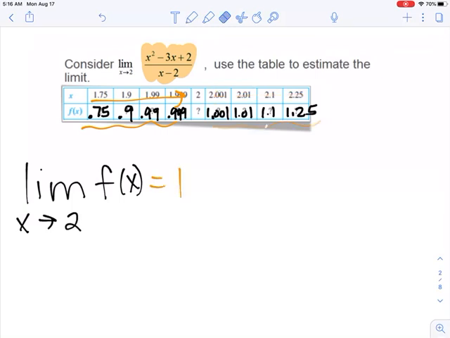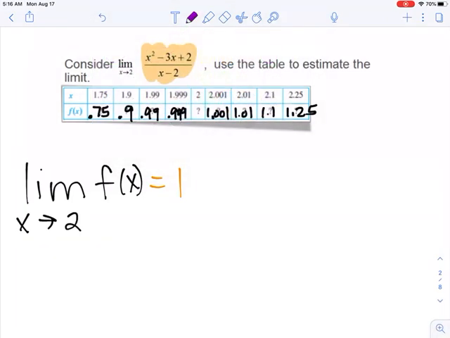Now, like I said, I don't want you using these charts to figure this out. That's a lot of tedious work that I don't think we need to be doing. So let's go ahead and think about this graphically.